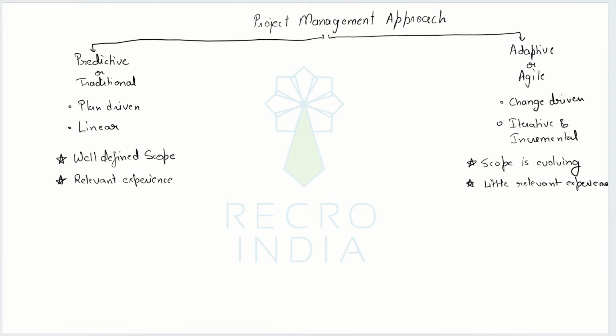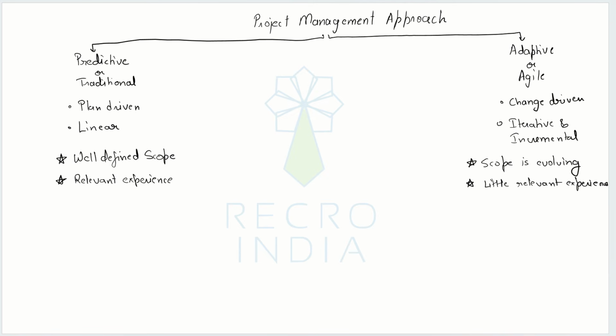Now, as you all would agree, there has been a lot of hype around adaptive agile approaches, especially in last decade or so. And somewhere, in my opinion, people have sort of generalized that agile is the new preferred project management approach that everyone should follow.